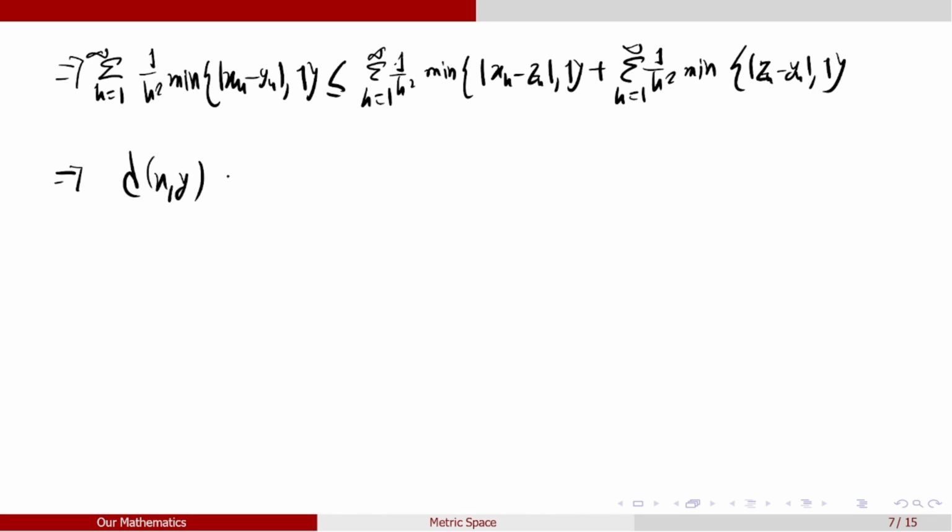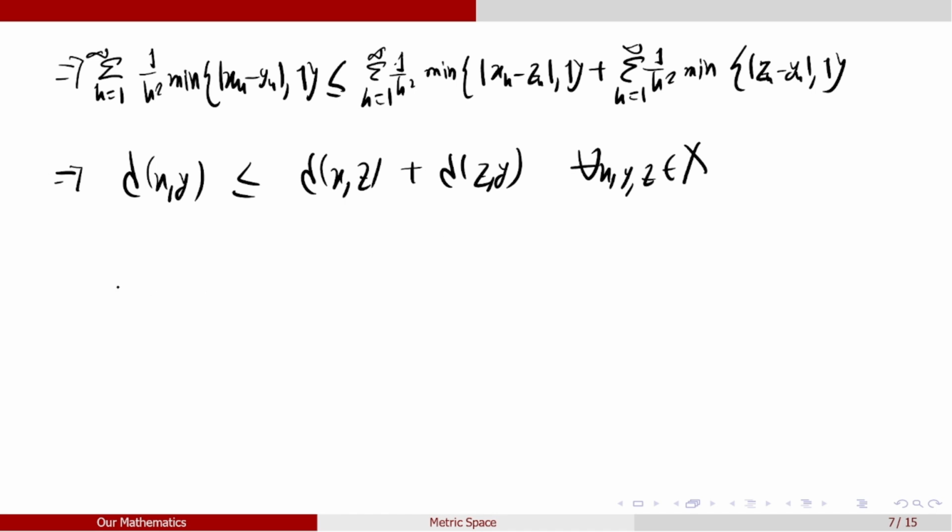This implies d of x comma y is less than or equal to d of x comma z plus d of z comma y for all x, y, z in capital X. From all these four properties, we conclude that capital X comma d is a metric space.